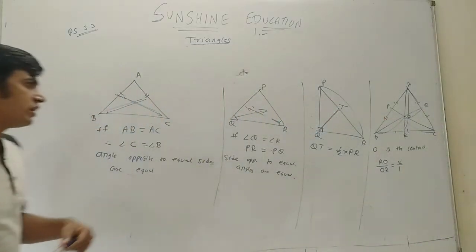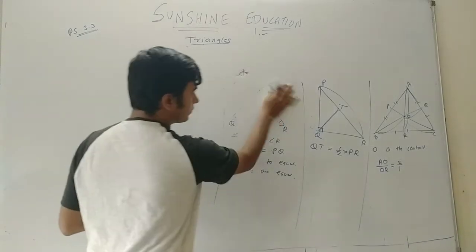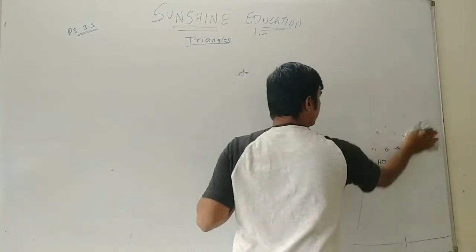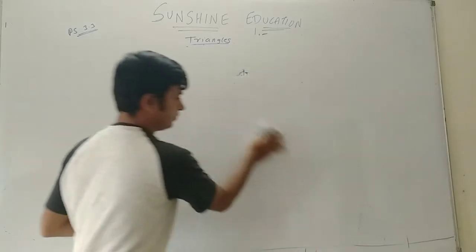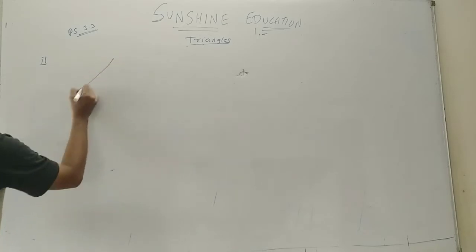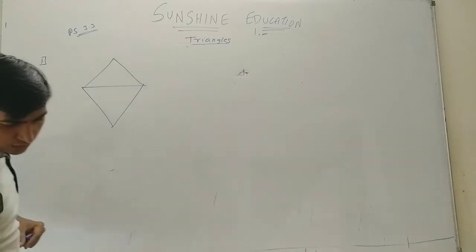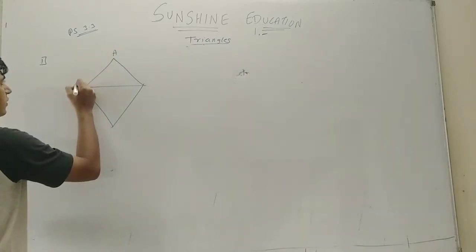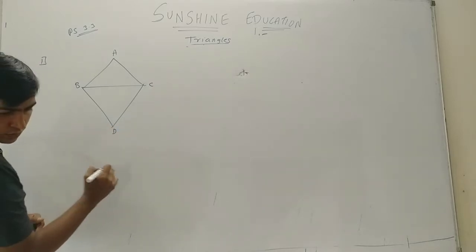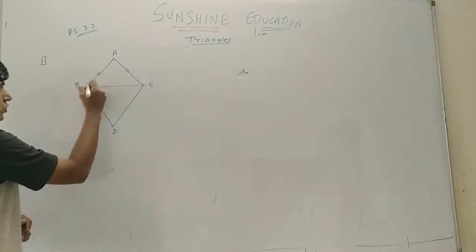Now we will start with the exercise. Okay, the very first question. We have a triangle like this, ABC, with point D. These are the two equal sides, and this is x.